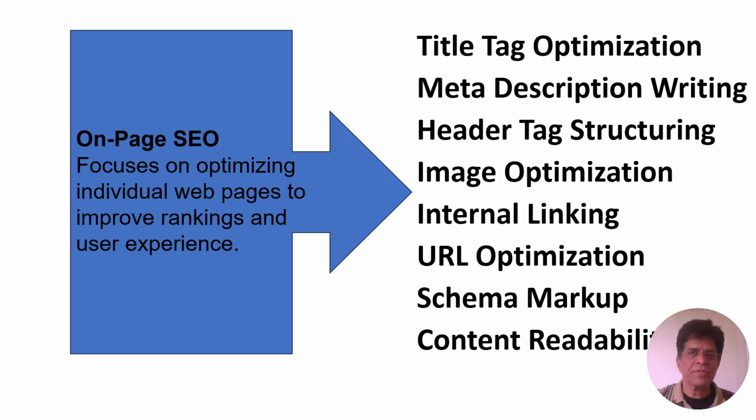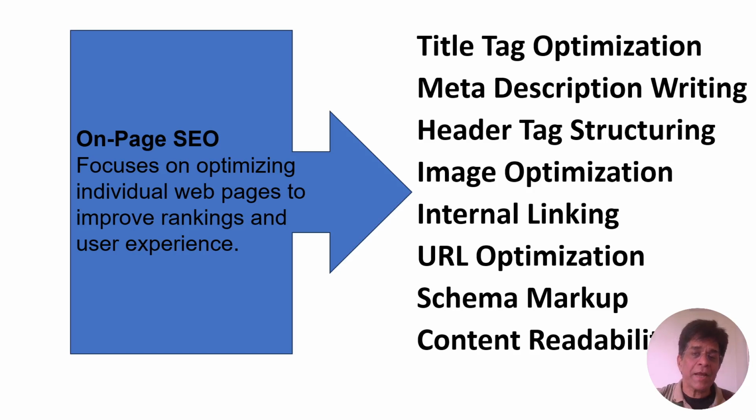When we open the website, the title, the heading of that website should be attractive and should be in accordance with the keyword research strategy. We need to ensure how it is matching the requirement of the algorithm, and how that keyword is matching our objective. That is title tag optimization.